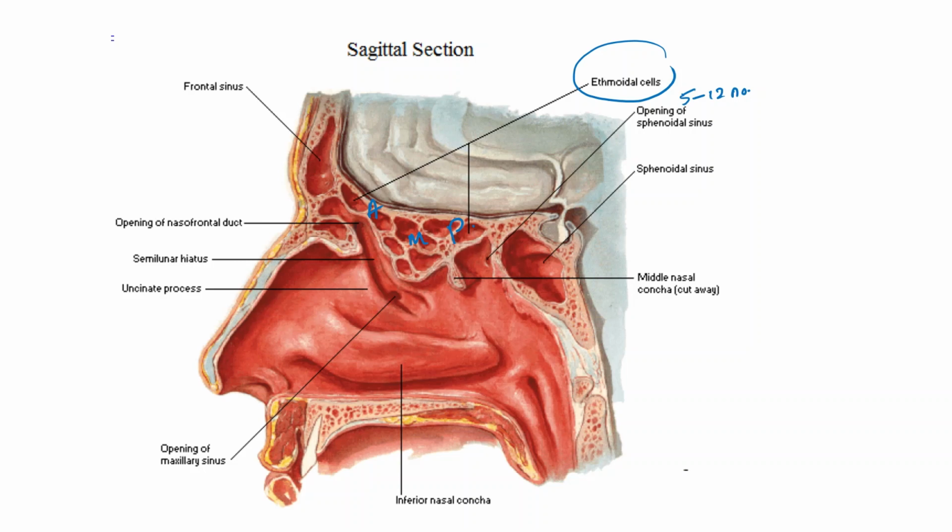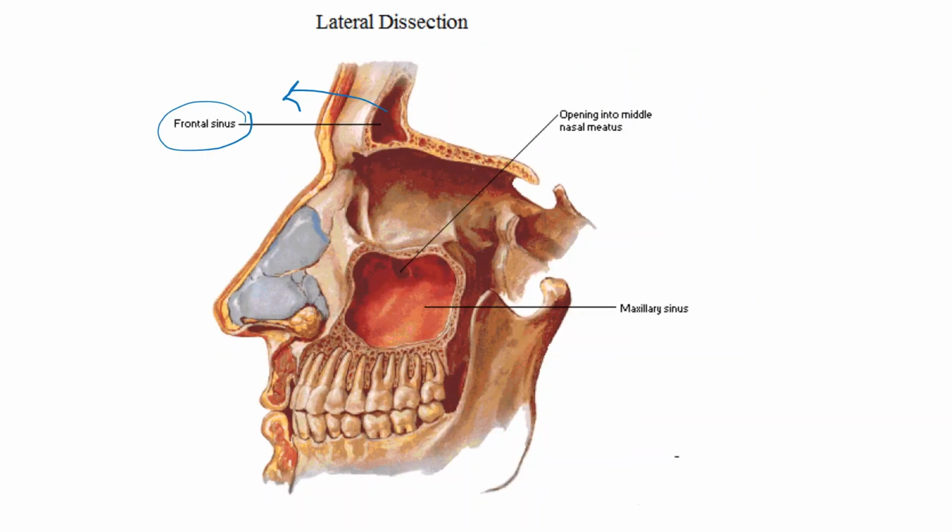We can also make out here the maxillary air sinus. It is the largest of all the paranasal air sinuses, and it is roughly pyramidal in shape.